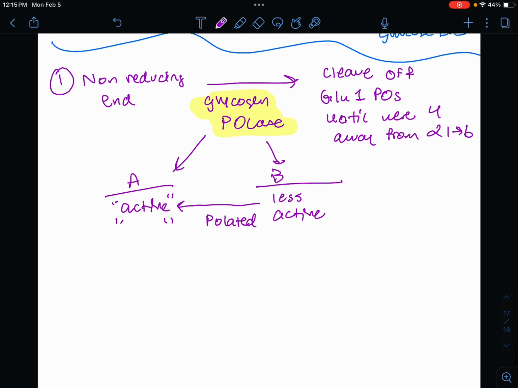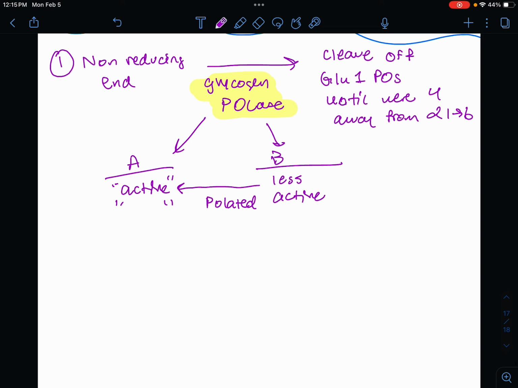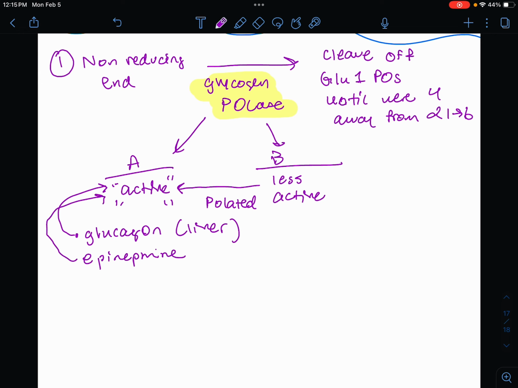Some things cause it to become active again. So we have glucagon. Remember, glucagon is like glucose is gone, so that's from the liver. This is going to help activate it. And we could also have epinephrine. For that fight or flight, we need to break down glycogen in order to get to glucose and break that down for more ATP.